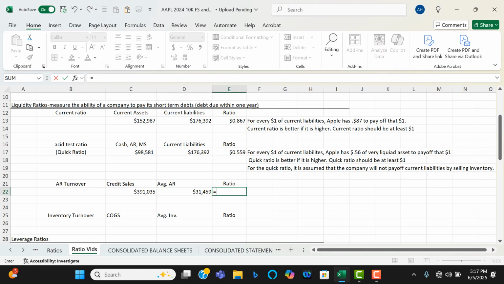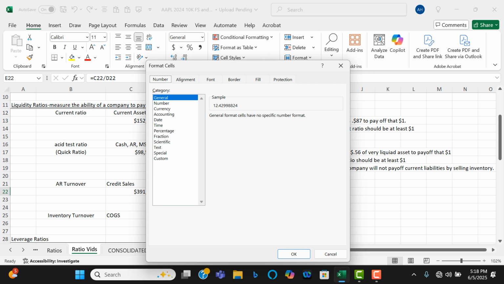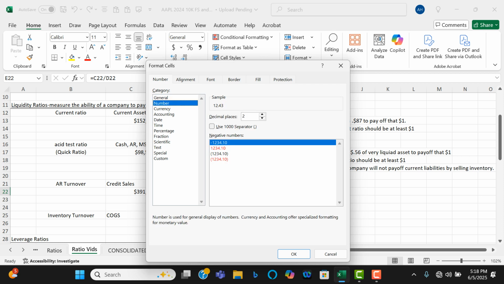Okay, and our ratio is 39,051 divided by 31,459. And that's not bad. Now, this is not going to be a dollar label here, so let's go ahead and take it out 3 decimal points.